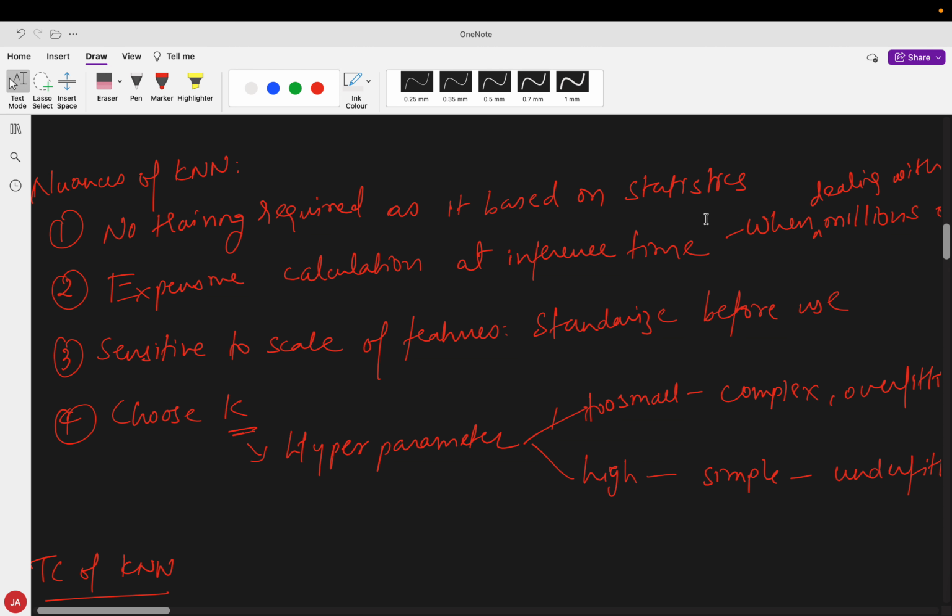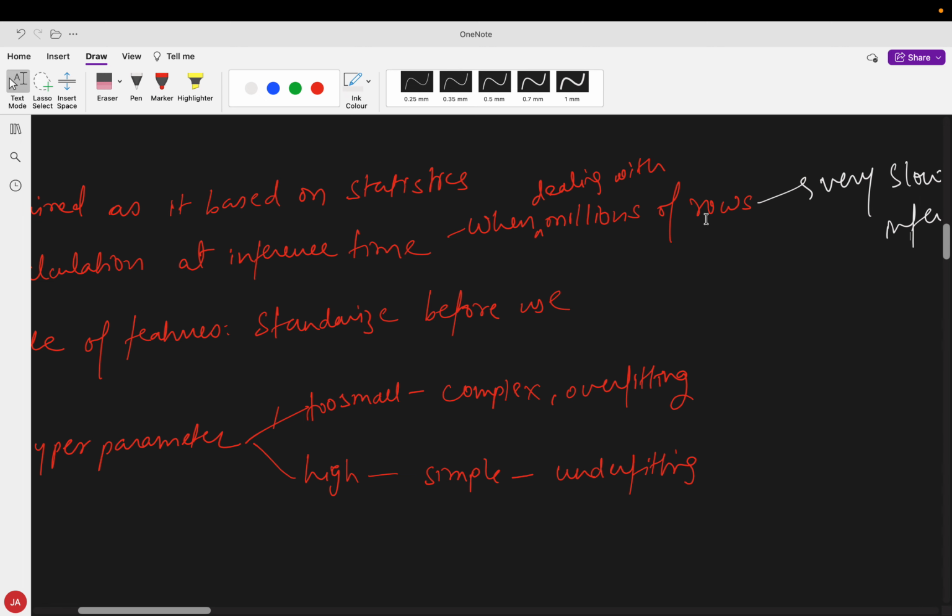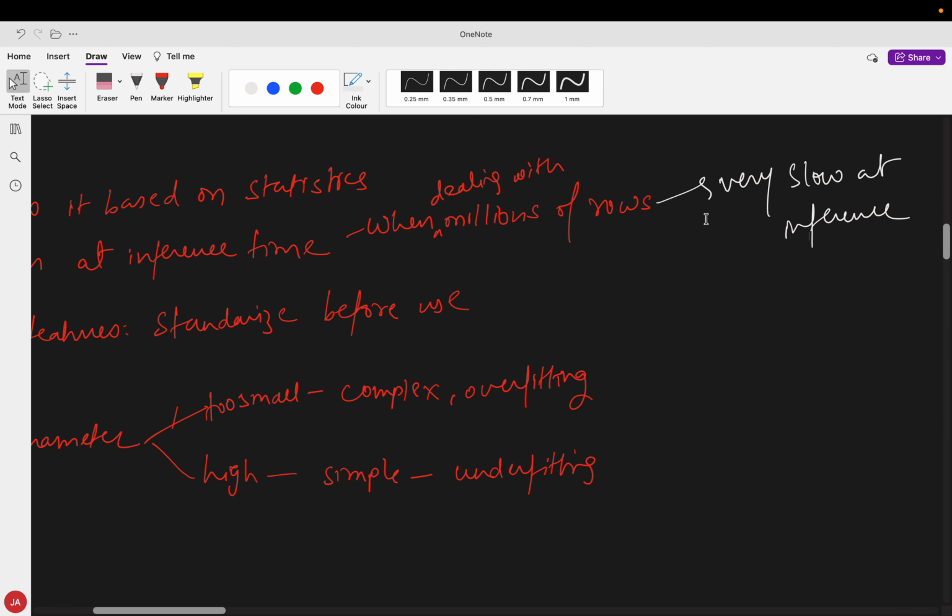It is also sensitive to the scale of features, so standardize before use. Let's say we have a dominant feature where the scale is 10,000, and another feature where the scale is between 10 and 50. The distance will go in favor of the first, because the difference in this feature would be higher than the difference in the other feature.